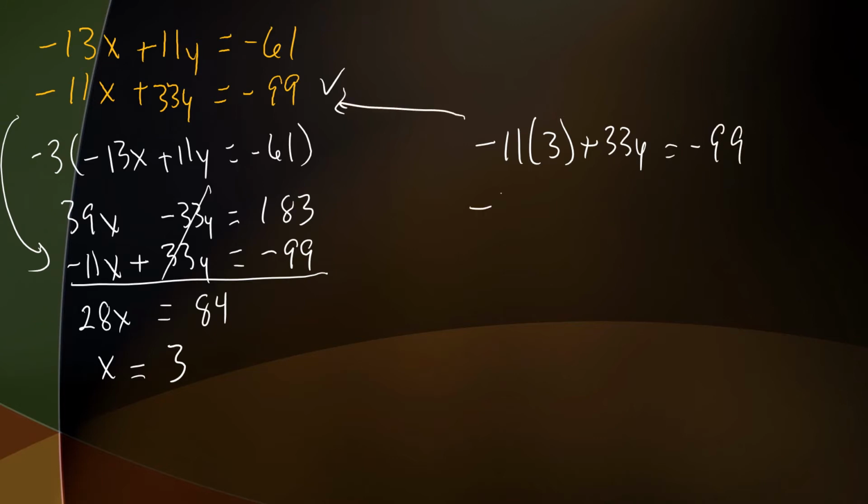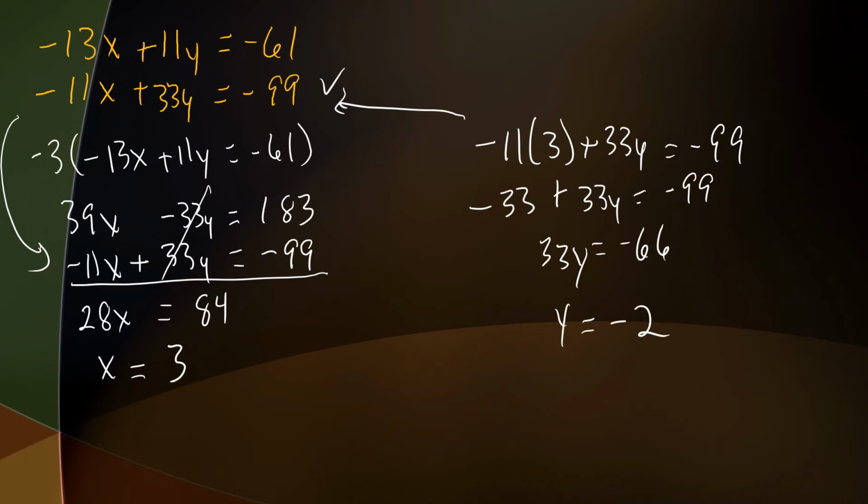So I got negative 33 plus 33y equals negative 99. And we're going to add 33 to both sides. That's going to give me 33y equals negative 66. And when we divide both sides by 33, I've got y is equal to negative 2.